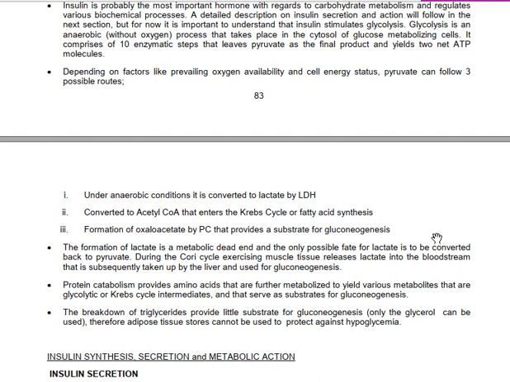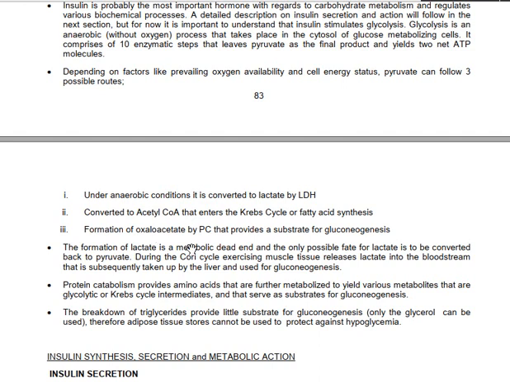So muscle cells cannot produce pyruvate from lactate so that it can go back to glycolysis. Once it's converted to lactate, it's a dead end. It can only be converted back to pyruvate at the level of the liver. Is it clear?